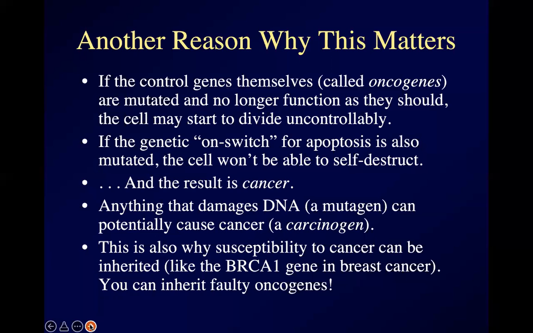Cancer is cell division with the accelerator stuck, the brakes off, and no way to stop the car. It's runaway cell division. And anything that damages DNA is a potential cause of cancer.